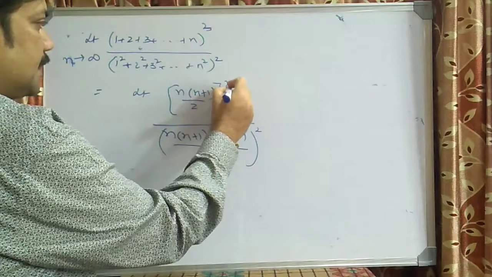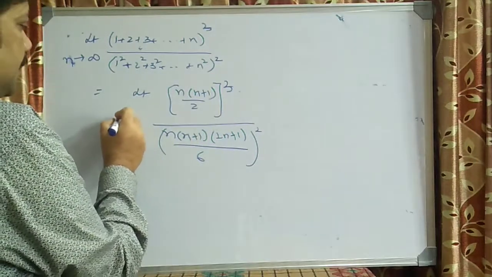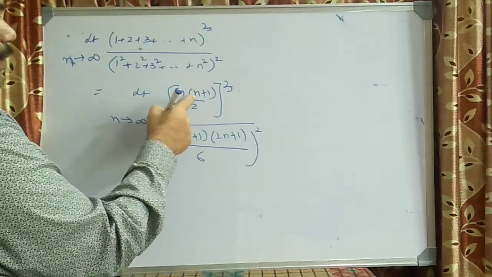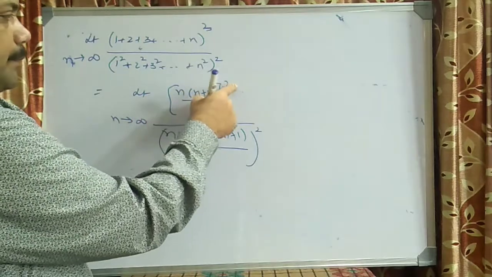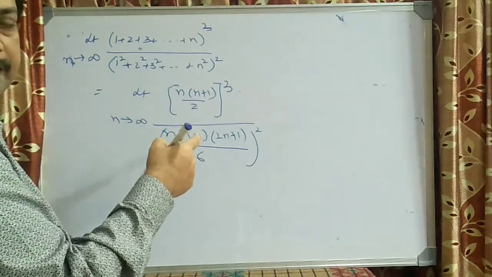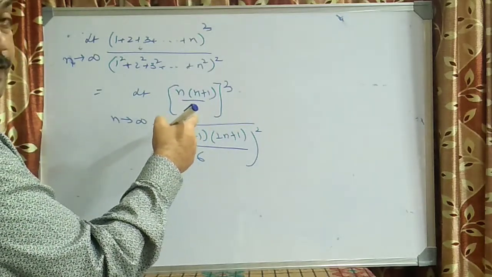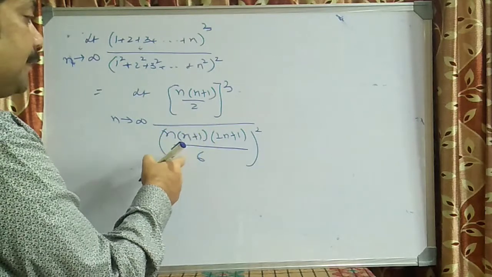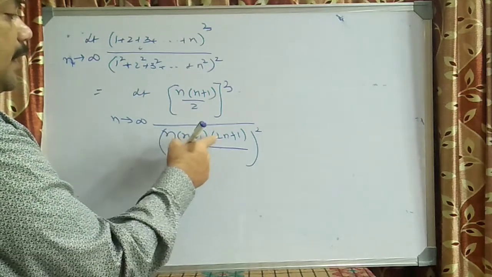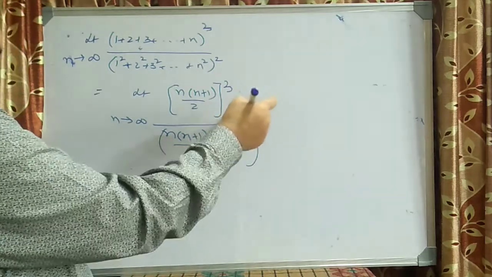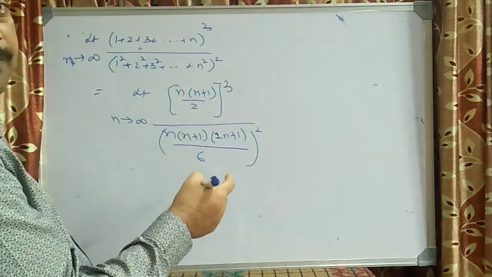The numerator has power 3. So as n tends to infinity, n into n square, whole power 3, becomes n to the power 6. The degree of the numerator is 6. In the denominator, n into n into n, which is n cube whole square, which is again n to the power 6.